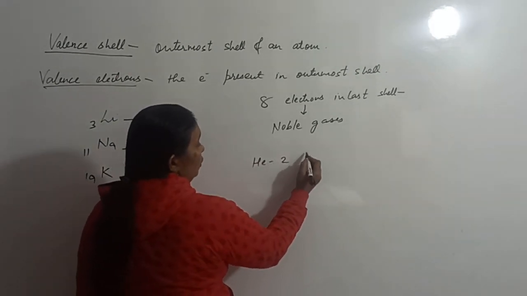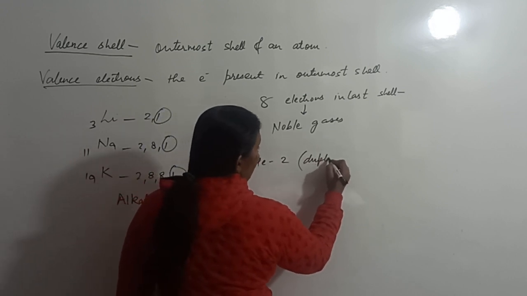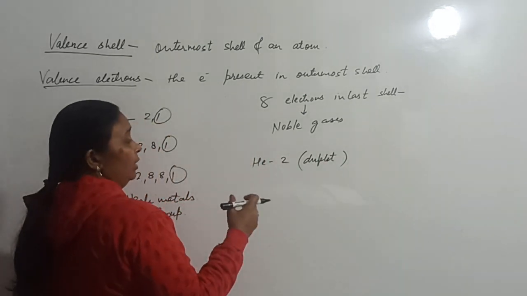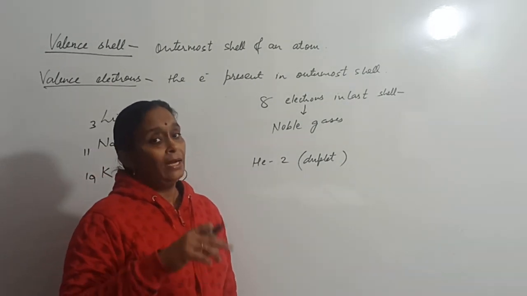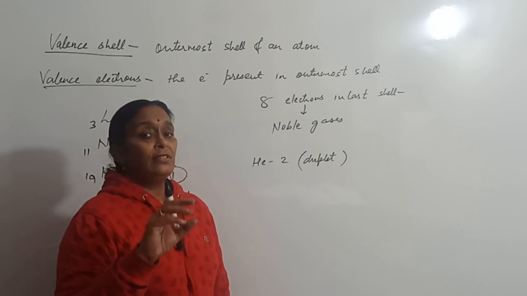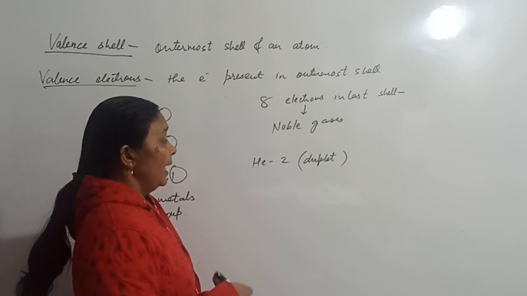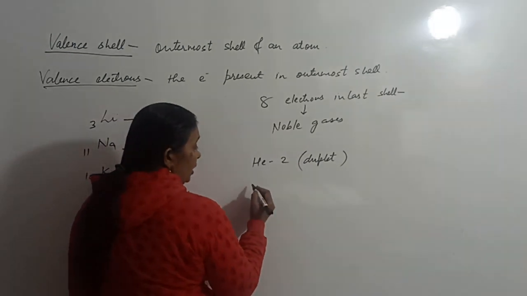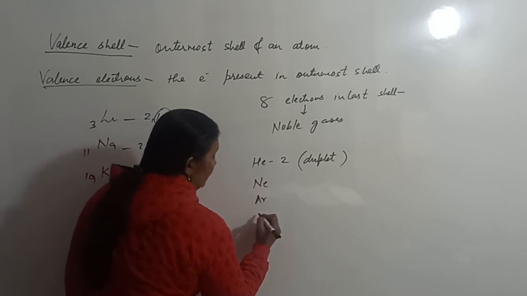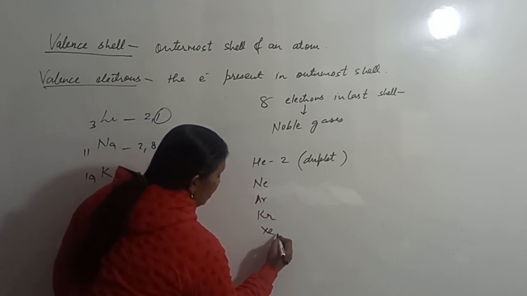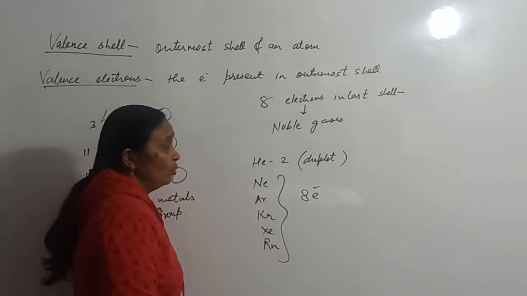Helium has its duplet complete, meaning it has 2 electrons in the outermost shell. It has only one shell, which has a maximum capacity of 2 electrons. That shell is completely filled. That means it is a satisfied, fully stable atom. The others after helium, like neon, argon, krypton, xenon and radon, have 8 electrons in the outermost shell.